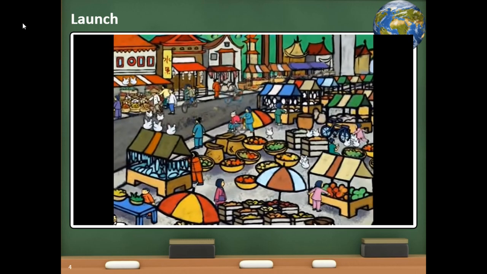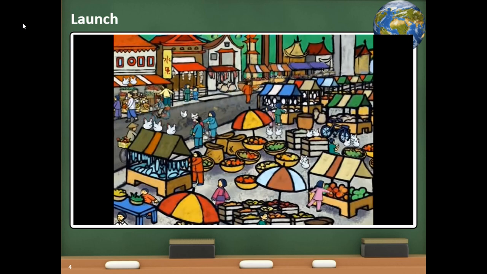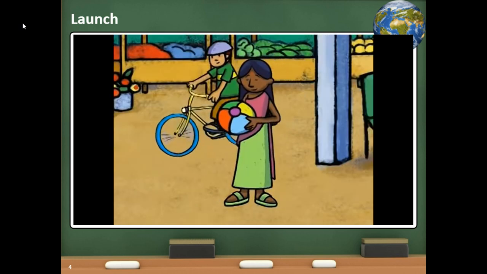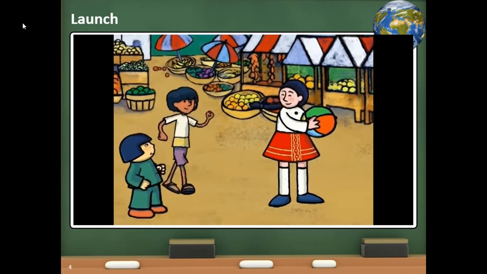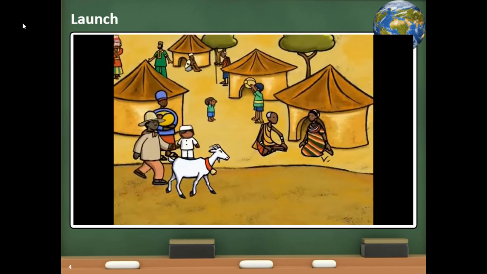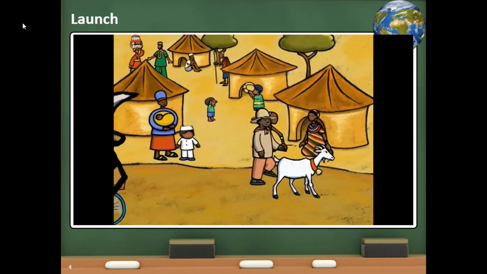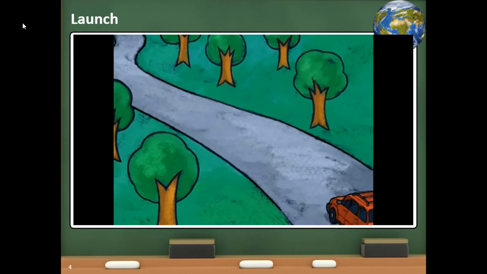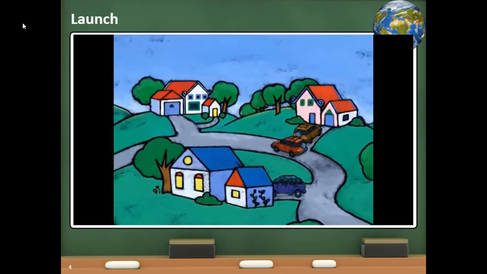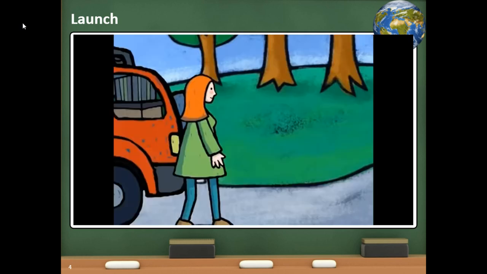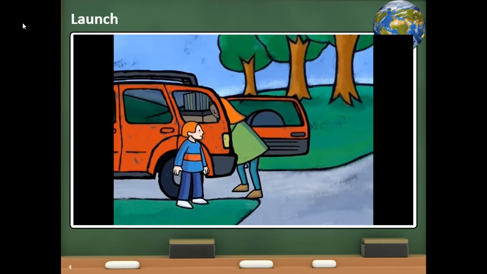If the whole world were a village of 100 people, 61 would come from Asia. Asia includes countries like China, Japan, India, Russia, Pakistan, and many others. 13 people in our village are from all of Africa. Only 5 in our village of 100 come from North America.